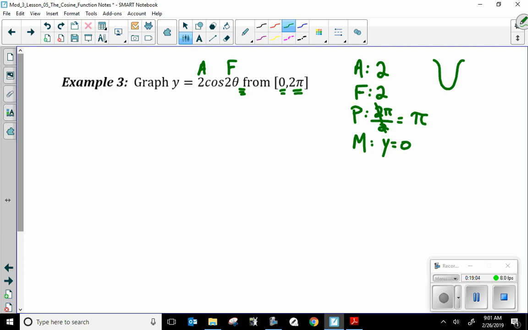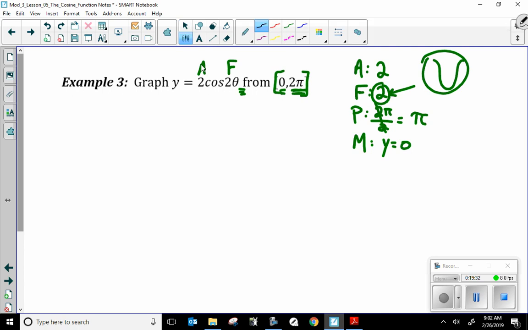Now, they don't want me to graph just one cycle. They want me to graph from 0 to 360 degrees, or 2 pi. Frequency tells me how many cycles I should see in 360 or 2 pi. So when I'm done, I should see 2 cosine curves back to back, going from 0 to 2 pi.